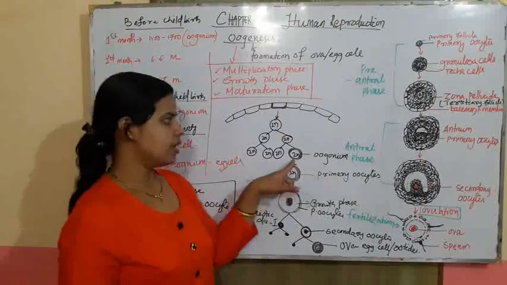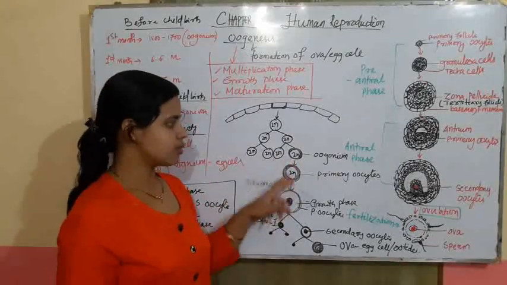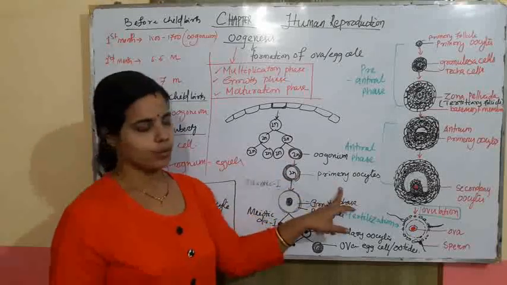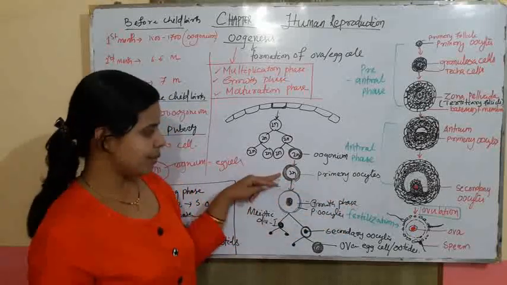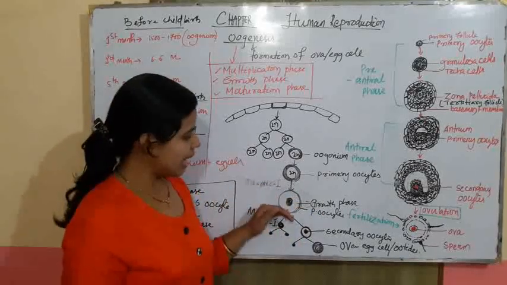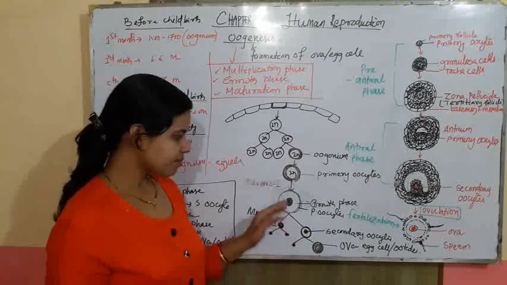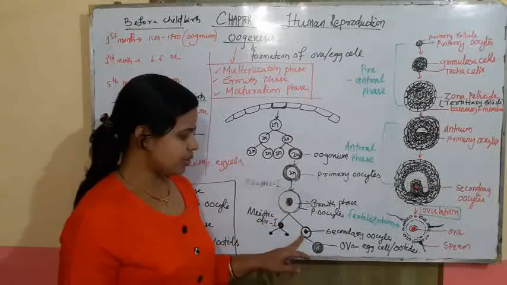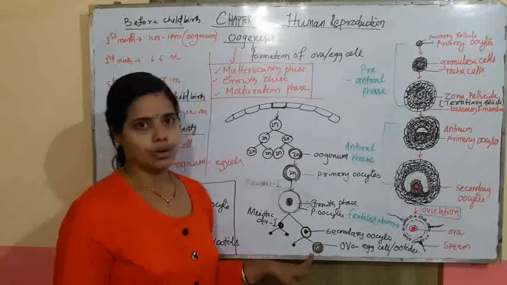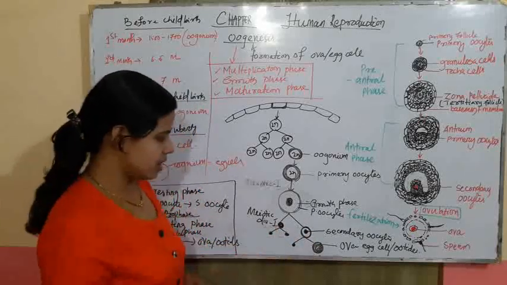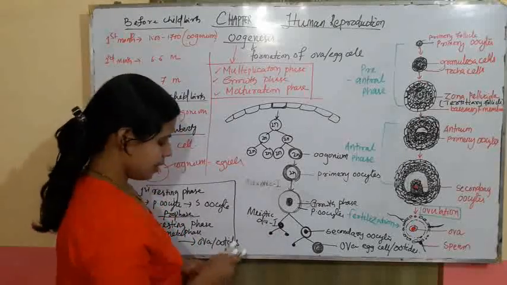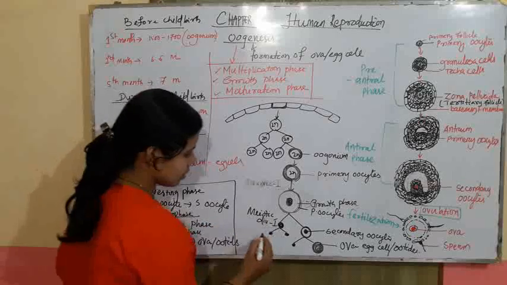Out of that, suppose here we are showing one oogonium, it undergoes formation of primary oocytes, and these primary oocytes go through the growth phase, and after that they form the secondary oocytes, then ootids. Secondary oocytes convert into ootids, and during this the polar bodies form. Let us label this one polar bodies.